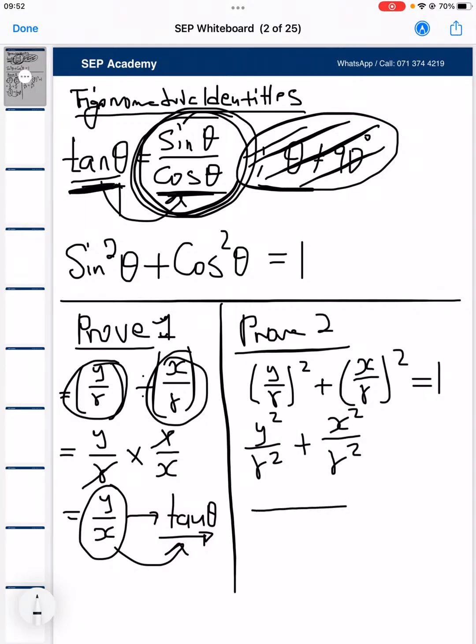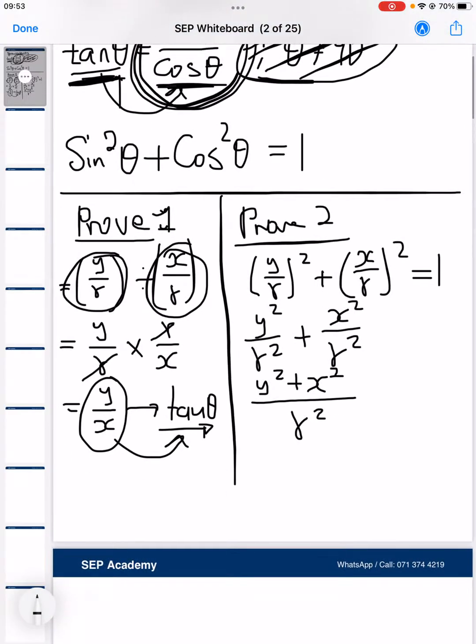So your LCD is r squared, and then you end up having y squared plus x squared. I might have taken a shortcut because I assume that by now you know how to deal with fractions. You can do it the same way I've taught you. Definitely you will get to that conclusion.